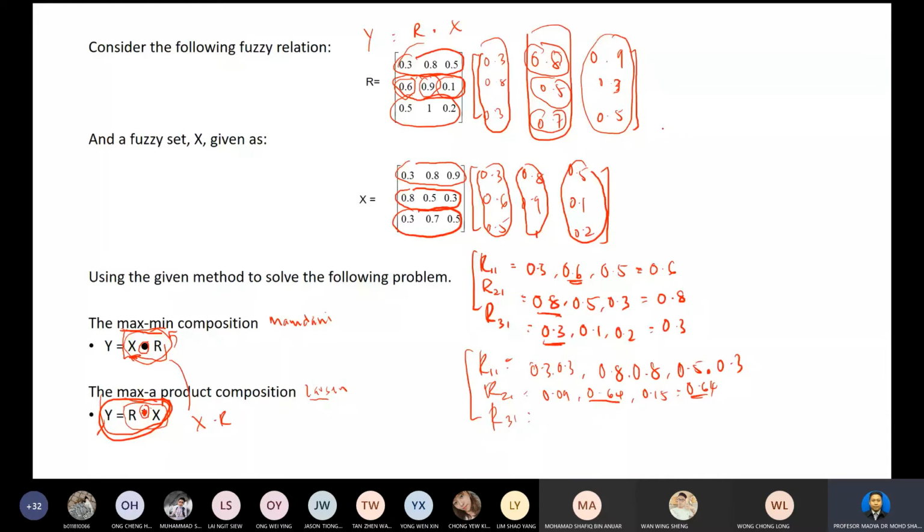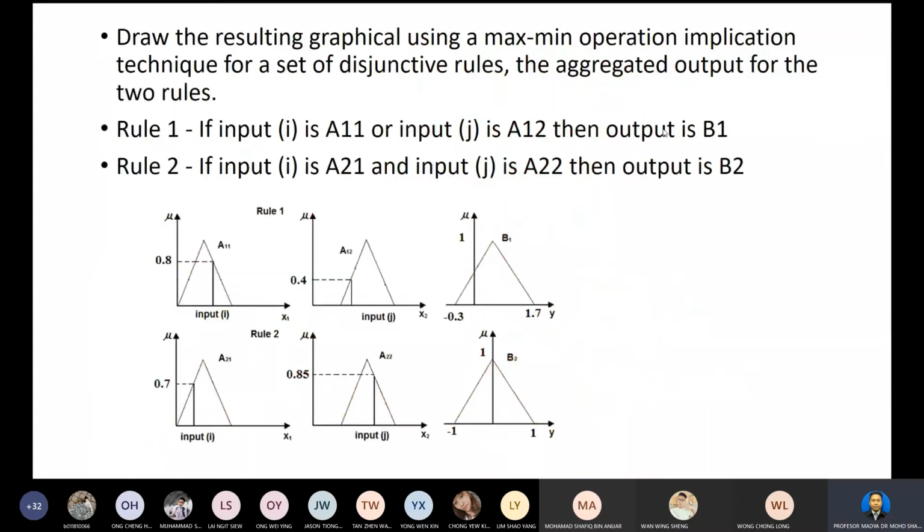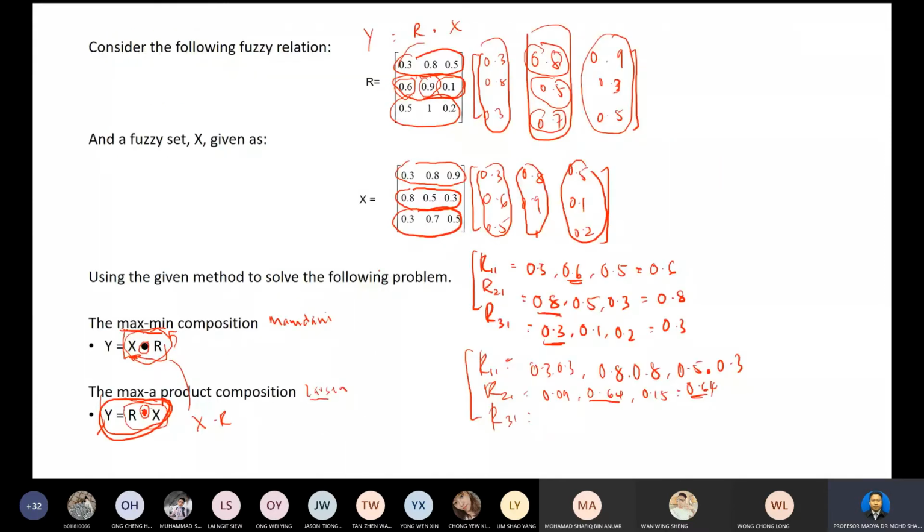Next you can see when we use the graphical method. It is actually similar to this, which is what we call the matrix. For example, we have input one and input two.